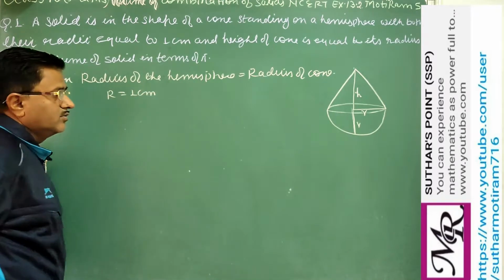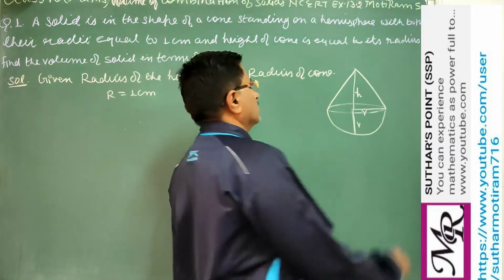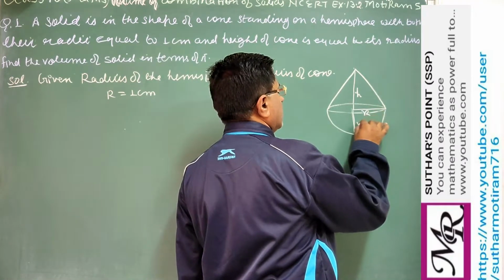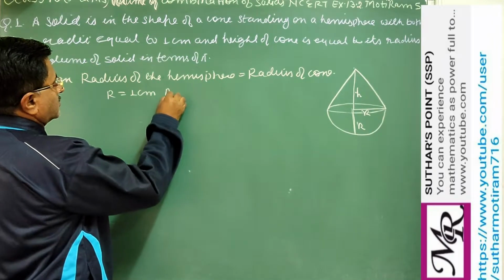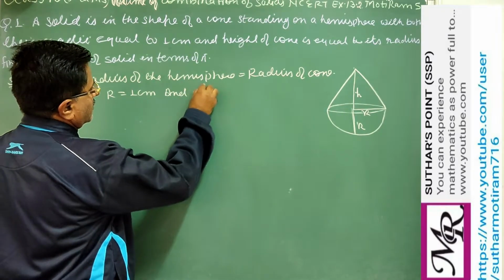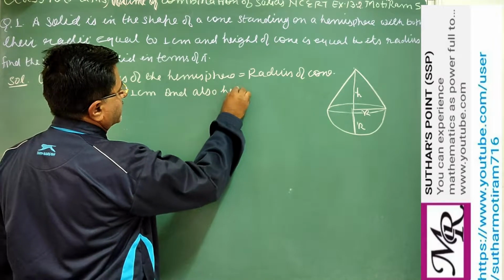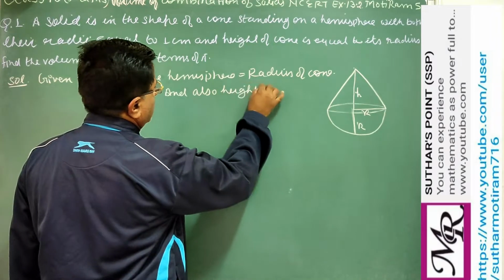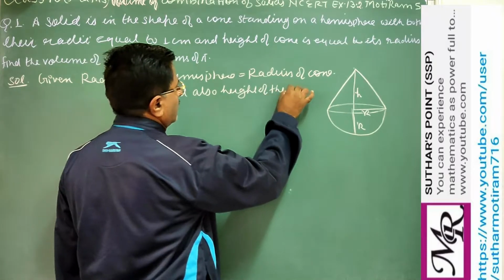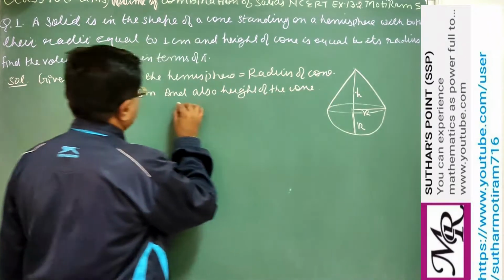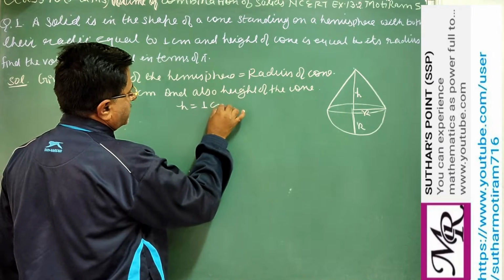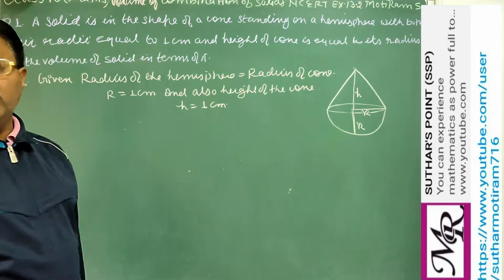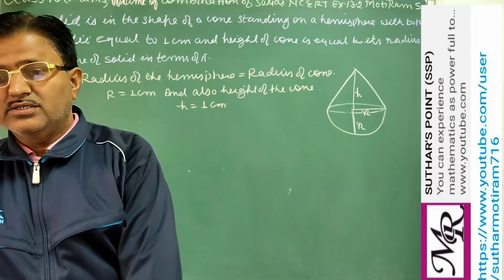This is given. R is the radius of both, that is the hemisphere as well as cone. And also we are given height. So height of the cone h is equal to radius, that is 1 centimeter. So its height is also 1 centimeter.